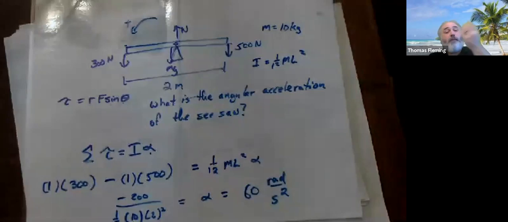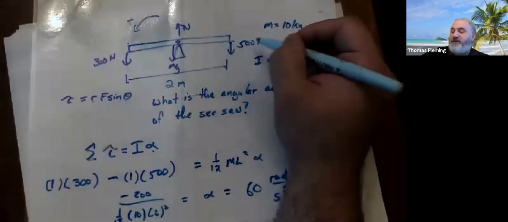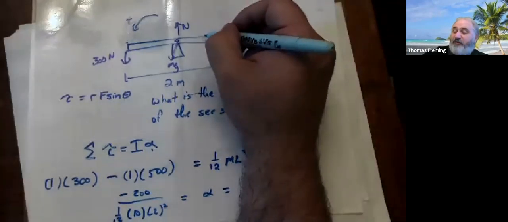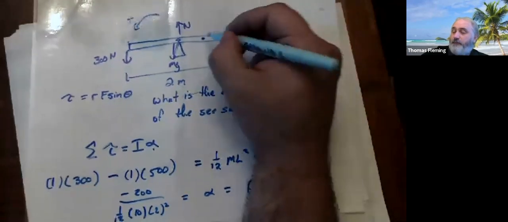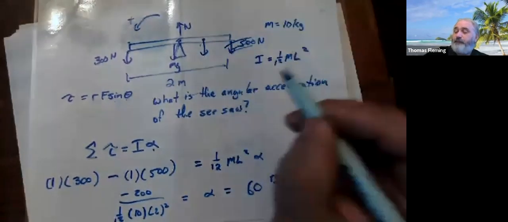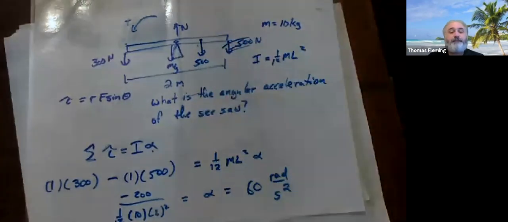So, what would change if I were to take the heavier kid and have him inch halfway up the seesaw? What if instead of sitting out here, he were to sit there instead?